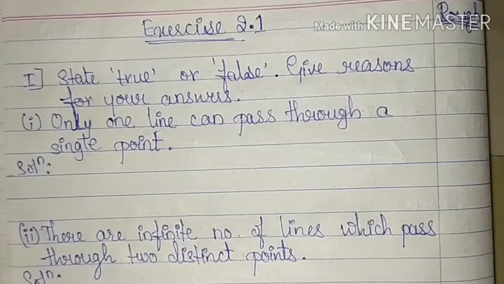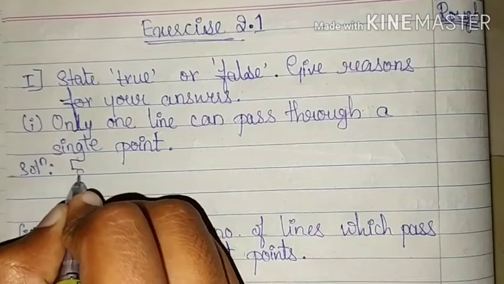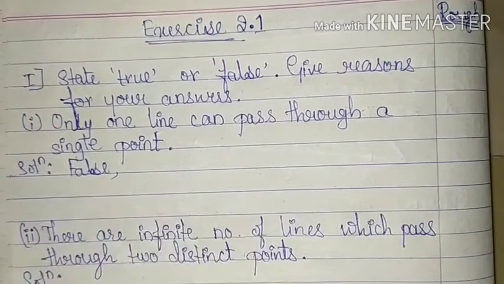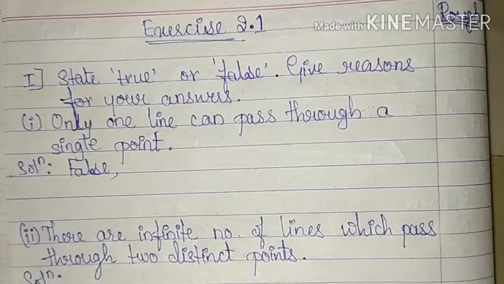It is obviously false, because from the very first postulate, what does the first postulate say? It says that a line can be drawn from one point to another point. From that postulate, we arrived at the axiom which says that infinitely many lines can pass through a given single point.